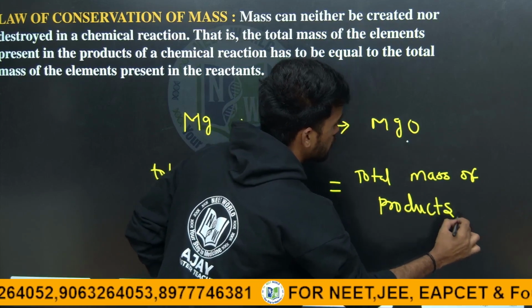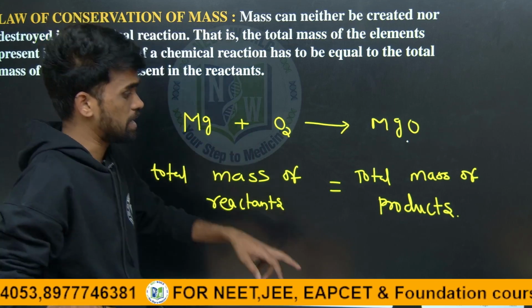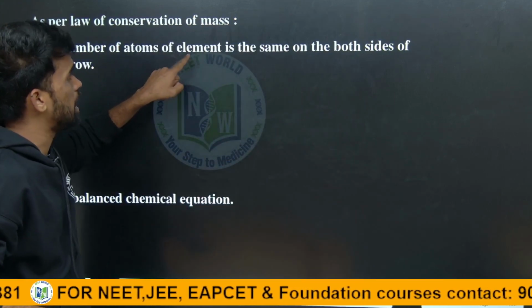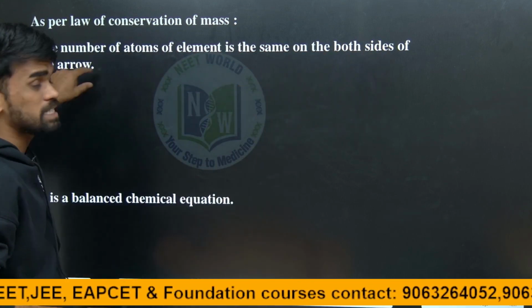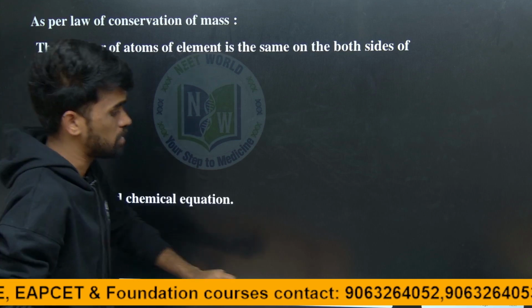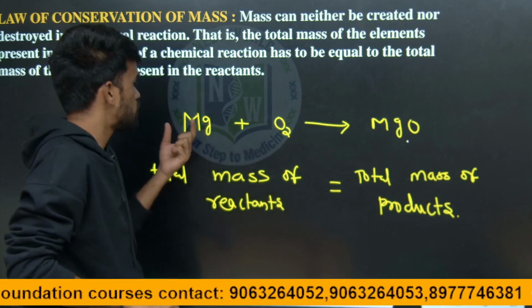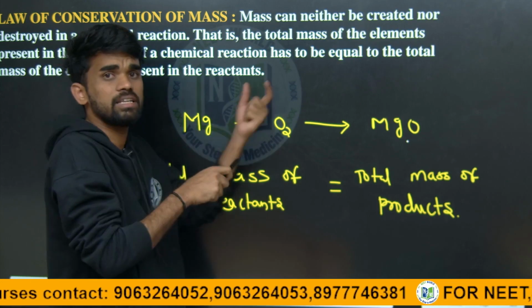So we can also say that during a chemical reaction, the number of atoms of an element is the same on both sides of the arrow. This is given from the law of conservation of mass only. The total atoms of a particular element should be the same for the reactant side and the product side.